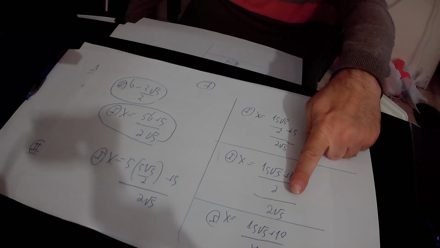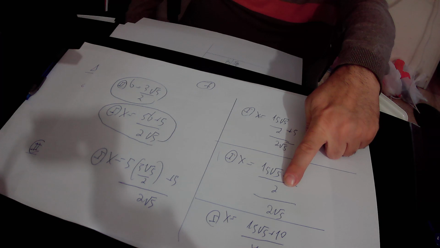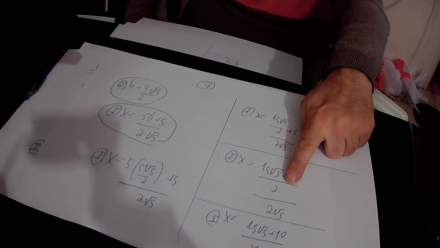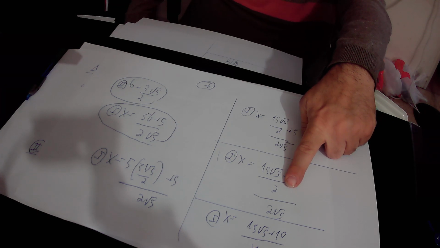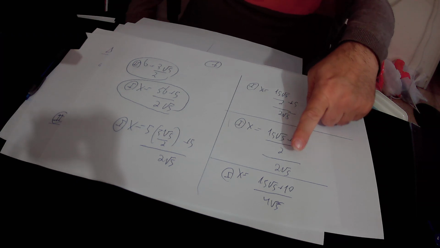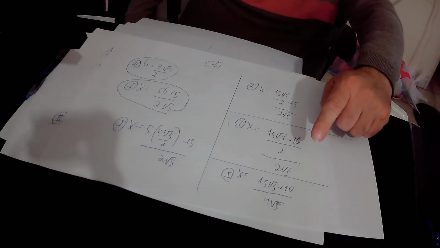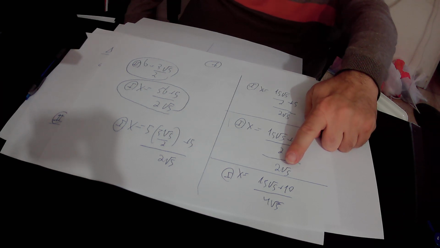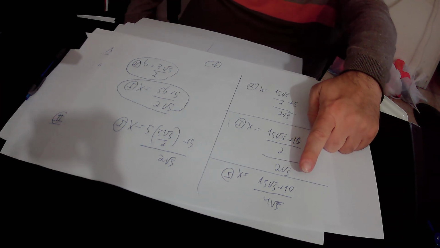Then we moved 2 times square root of 5 to the denominator. 2 times square root of 5 in total equals 4 times square root of 5. So in the denominator we have 4 times square root of 5, and in the numerator we have 15 times square root of 5 plus 10.